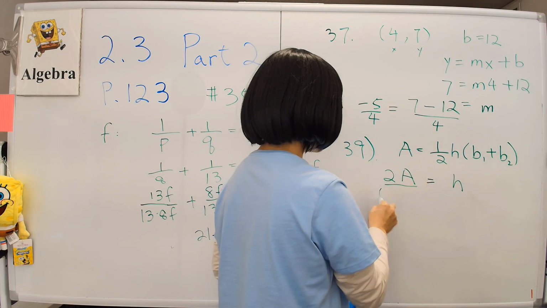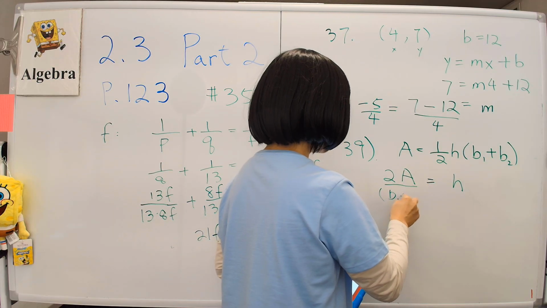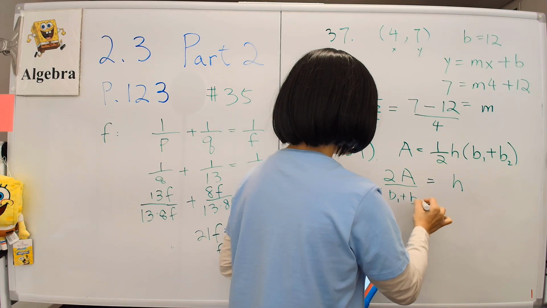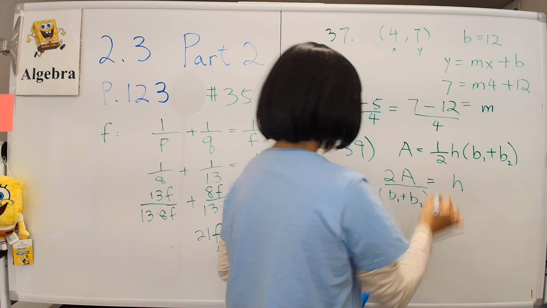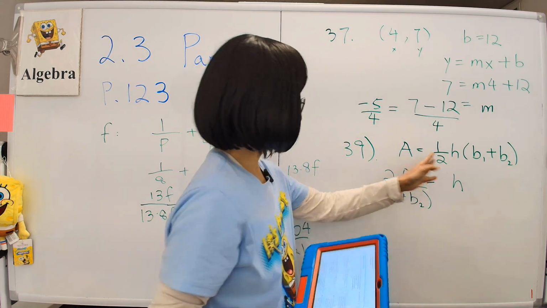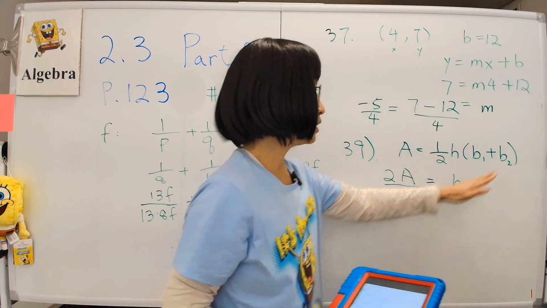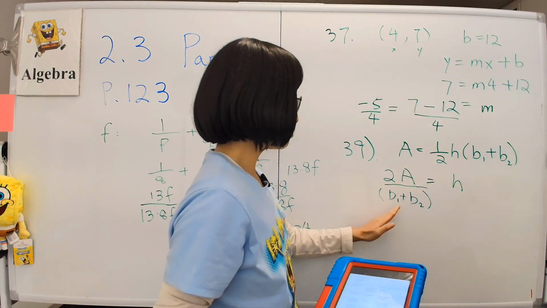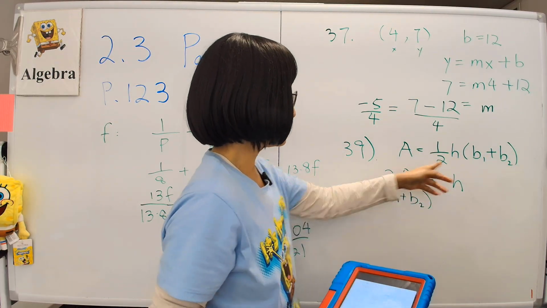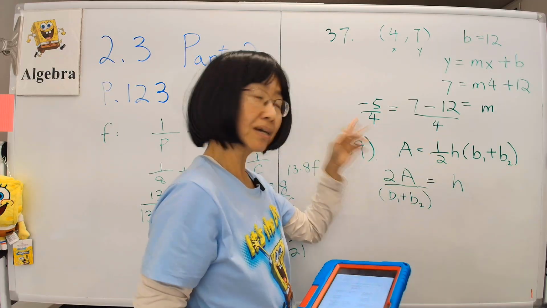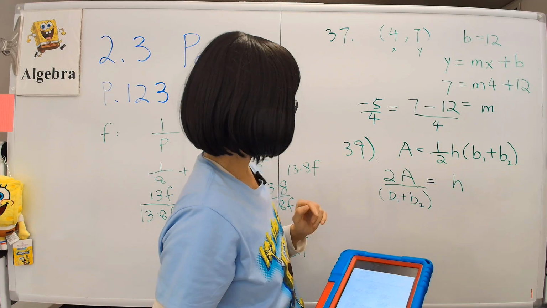So b1 plus b2 is going to be down here. Remember, anything being multiplied, you will kick it down when you cross the equal sign, and anything on the bottom, you will kick it up across the equal sign. That's called cross multiplying. So that should be our answer.